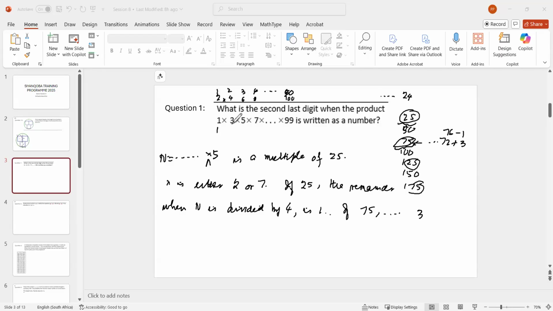And I'm going to say this is 4 minus 1. So it's a multiple of 4 minus 1. Multiple of 4 plus 1, multiple of 4 minus 1, because this is 8 minus 1. Now you see a nice pattern emerging here.